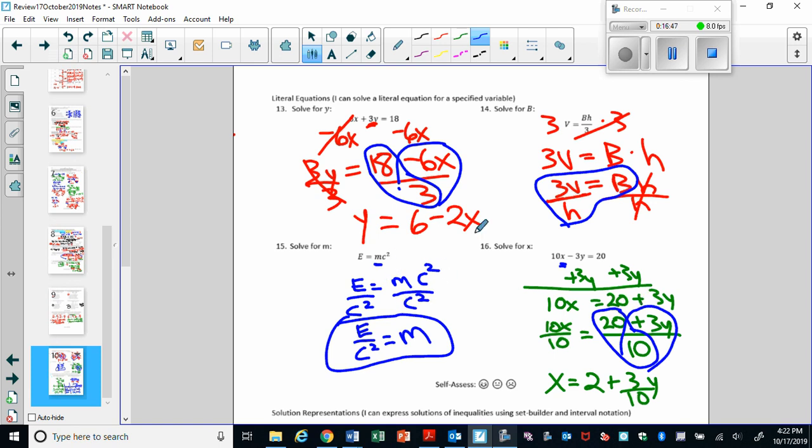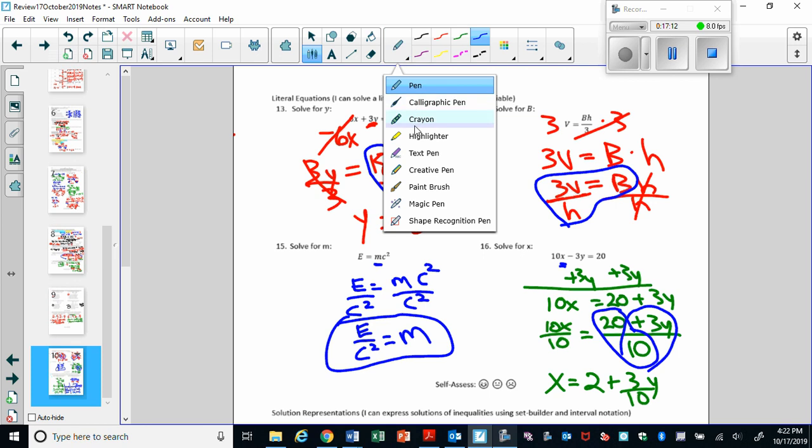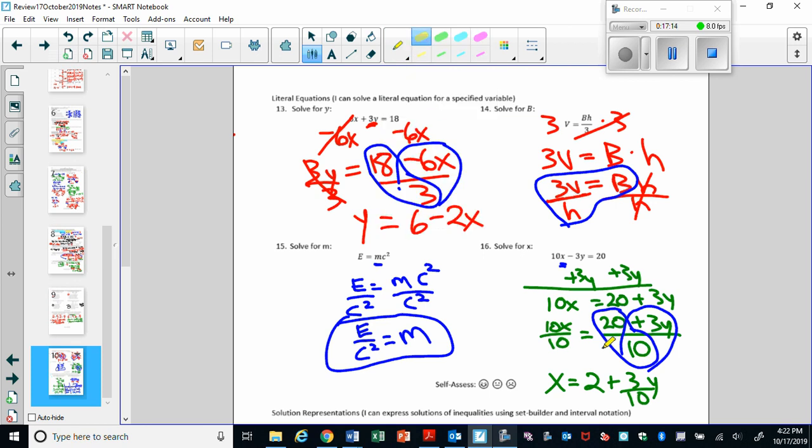16, similar to 13, after you get your term with the variable by itself, we have to divide both sides by the coefficient. But then don't forget, split each part of your fraction and then simplify if you can. So for instance, this part of the problem here, I'm going to highlight, 20 divided by 10.